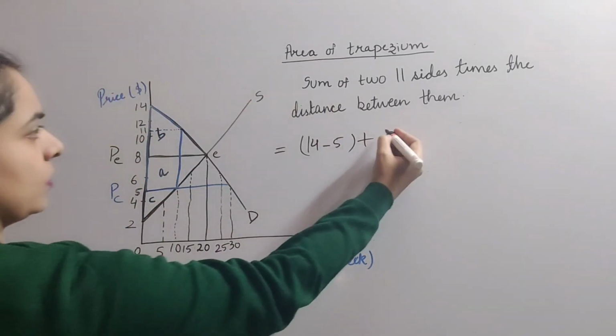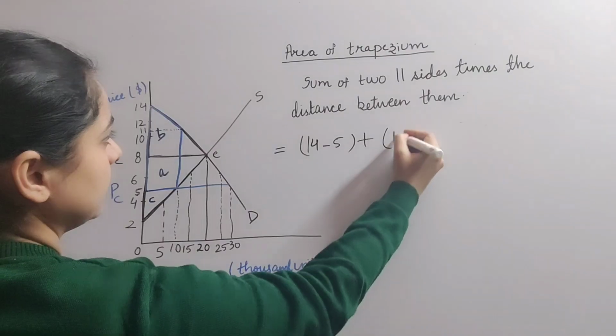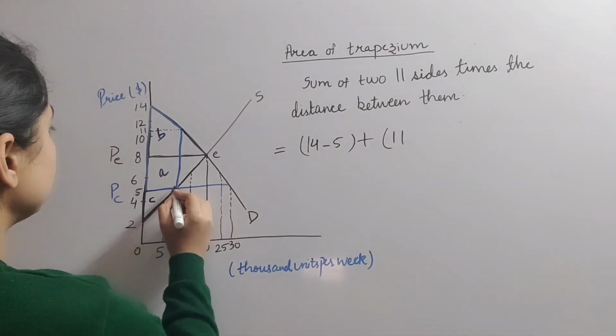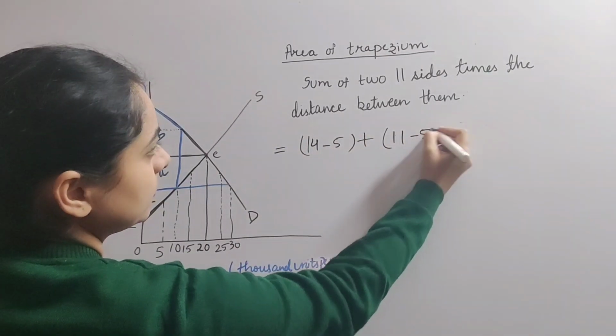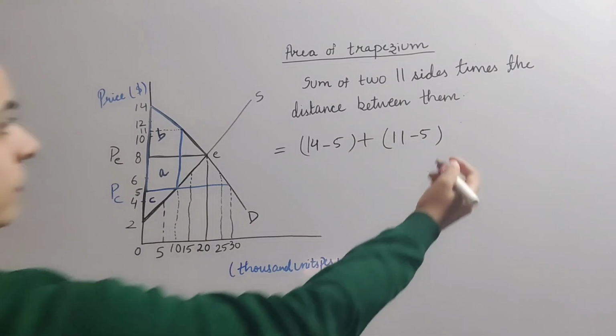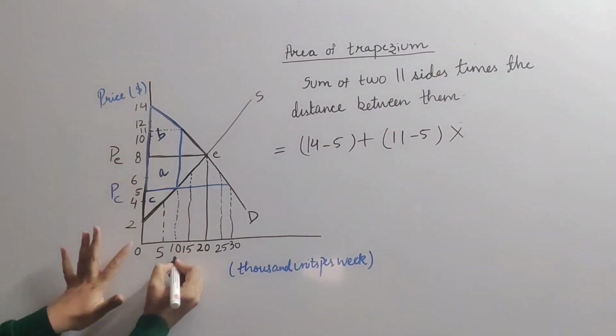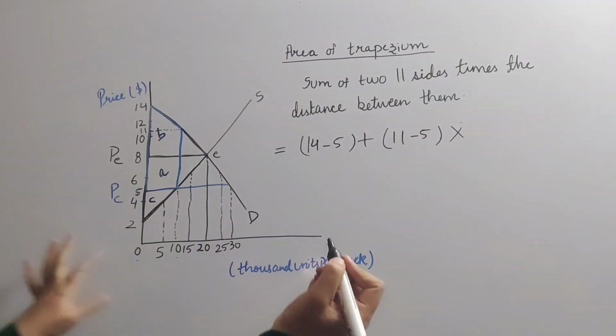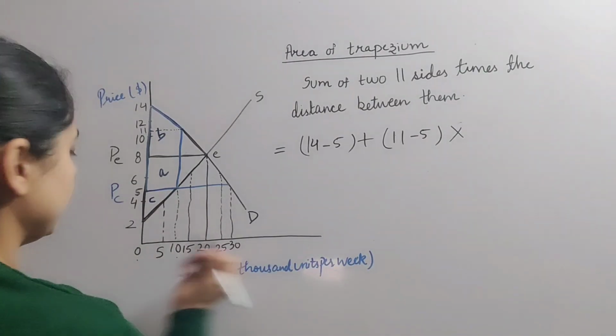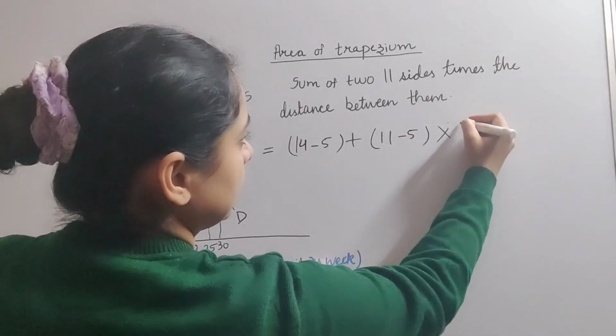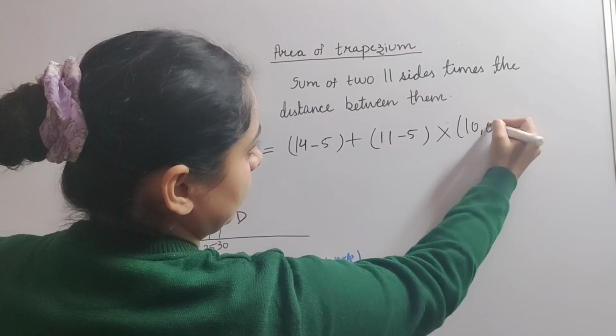So this will be 11 minus 5, multiplied by the distance between them. The distance between them is 10 minus 0, that is 10,000.